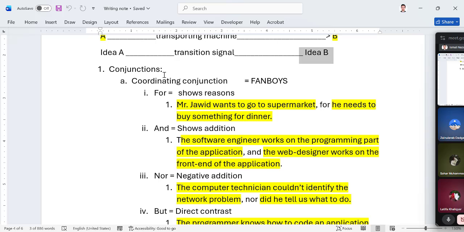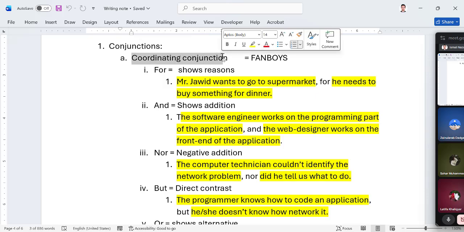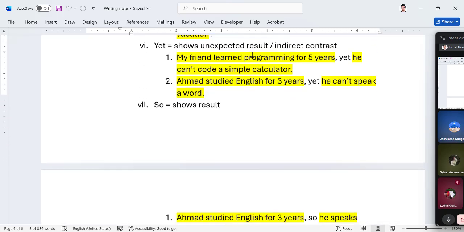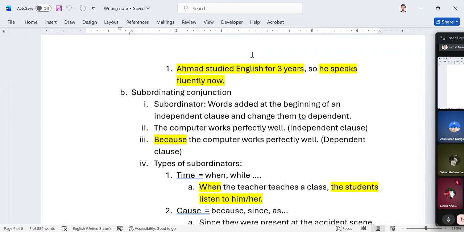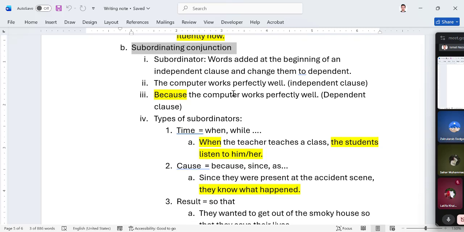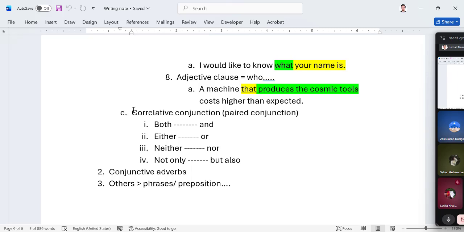three main categories. The first one was conjunctions, and then we mentioned that conjunctions are in three divisions. Coordinating conjunctions, which were FANBOYS, and we discussed each of them, what was their function, and subordinating conjunctions, and lastly, the third type was correlative conjunctions or paired conjunctions.